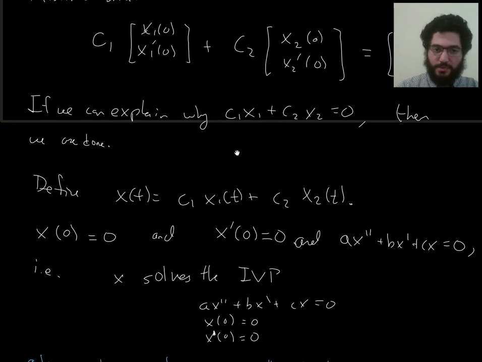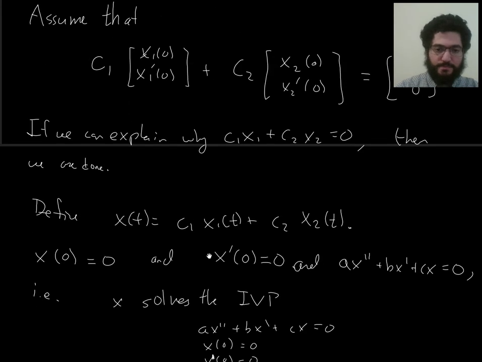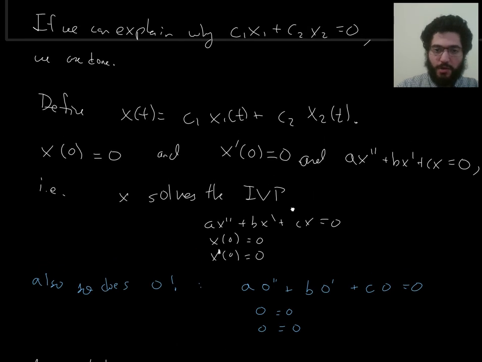So that implies that c1 x1 plus c2 x2 is 0, which implies that c1 and c2 are 0 if you knew that x1 and x2 were linearly independent. So it's all coming from linearity on the one hand.